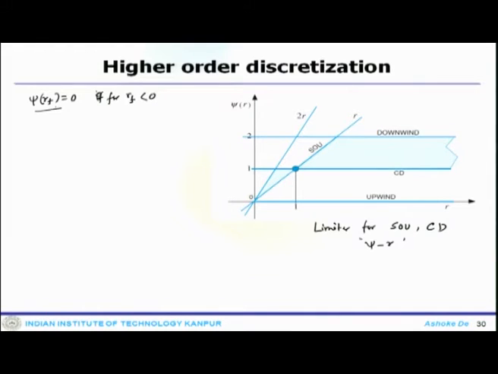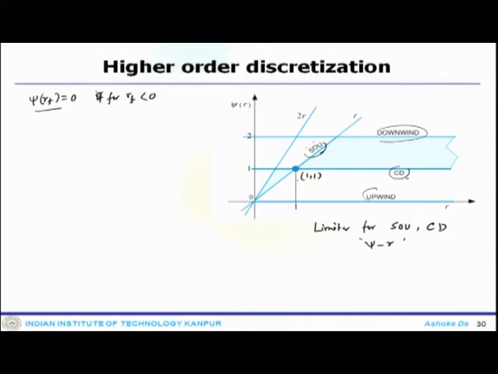Now, both these second order upwind and CD are by nature second order accurate schemes, and one can see clearly that both pass through the point (1, 1), but neither the downwind scheme nor the upwind scheme passes through this point.